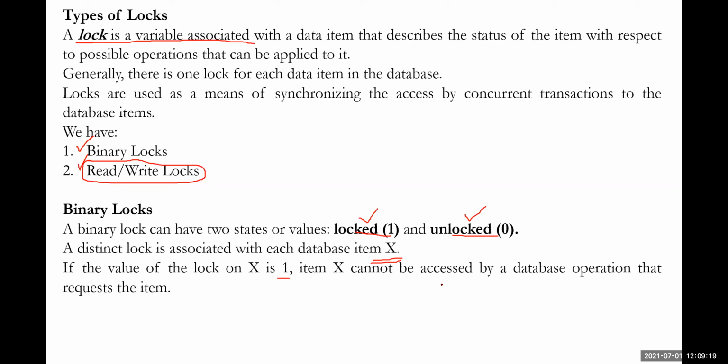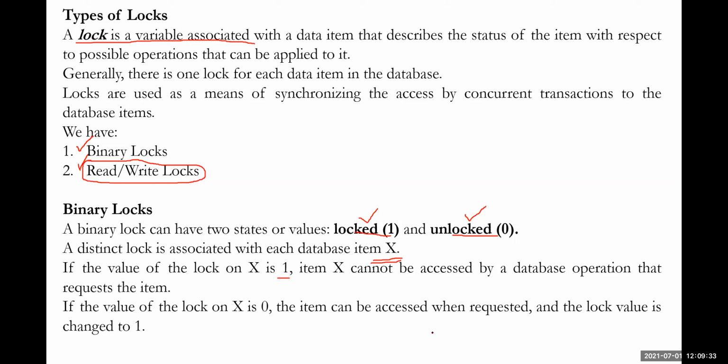If user 1 has acquired a lock on database item X, then item X cannot give permission to others to perform DML operations. That is the meaning here. And if lock on X is equal to 0, then lock requests will be granted.